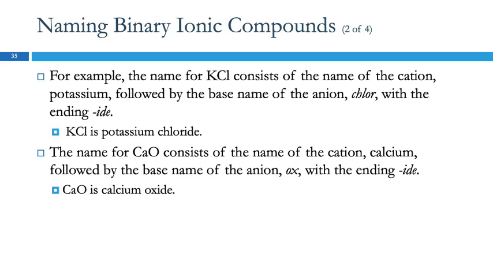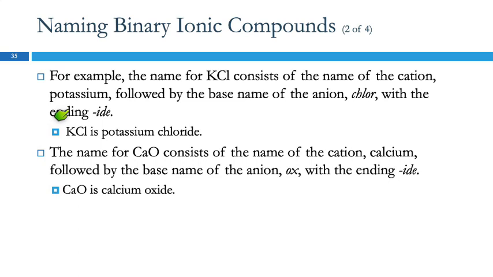So, example, KCl. We've got two elements here. The first one is potassium. Is potassium in groups 1A, 2A, 3A, zinc or silver? Yes, it is. So no Roman numeral, just potassium, because there's only one of them.